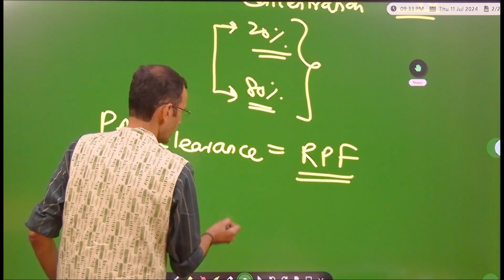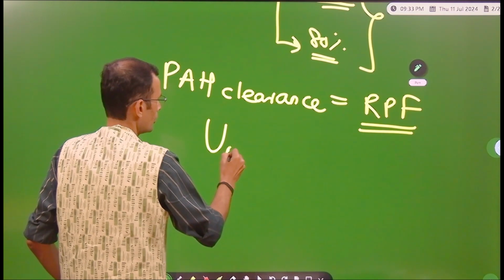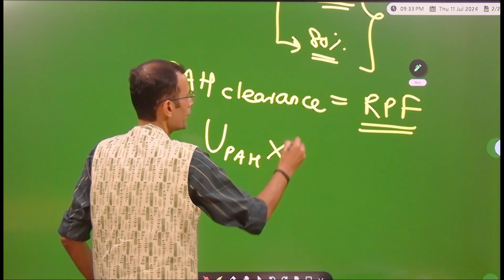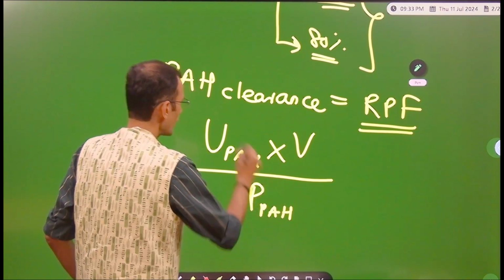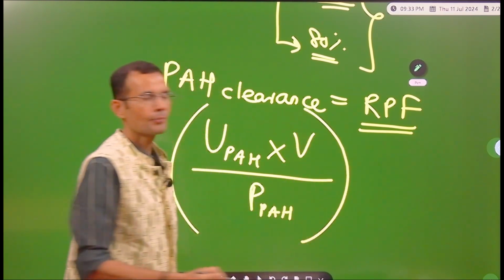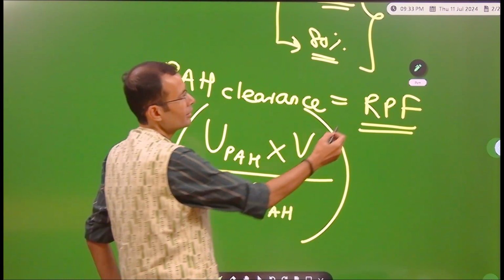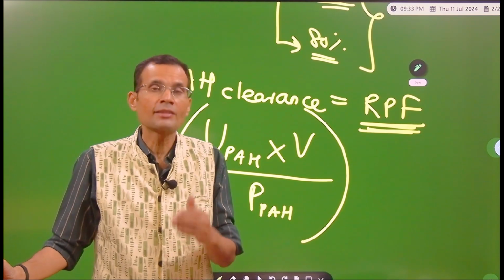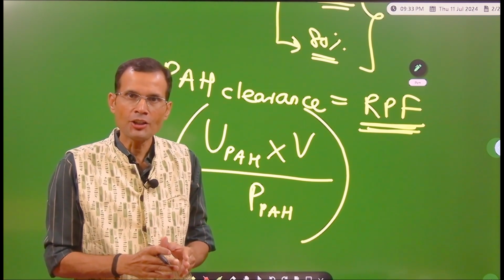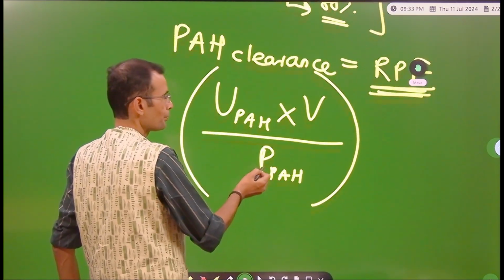Okay, and the clearance equation is U into V upon P. Clearance of PAH is same as, or it will give us the renal plasma flow. And that's the basis for using PAH, para-aminohippuric acid, to measure the renal plasma flow.